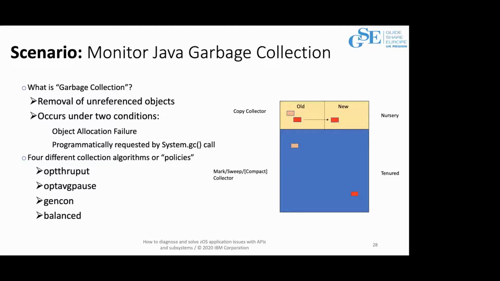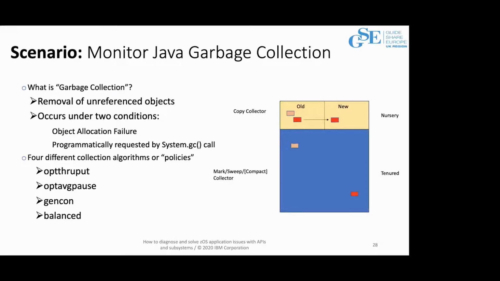So like I said earlier, garbage collection removes unreferenced objects. As objects are allocated in memory, they usually go into your nursery, and this is GenCon. Then at some point, garbage collection runs, and those objects still referenced could be placed into your tenured region in memory. That occurs over time, and it's managed by the JVM itself.